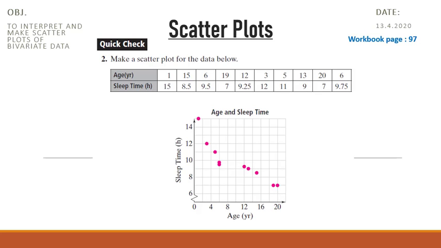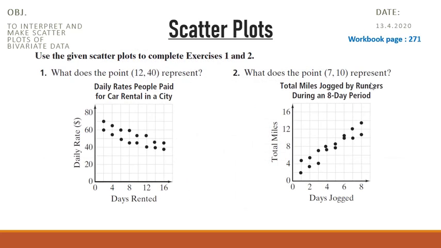Great, Mustafa. Okay, guys. Now we'll continue with the workbook. Does anyone need this slide, or can I move to the next one? Okay, let's move to page 271.